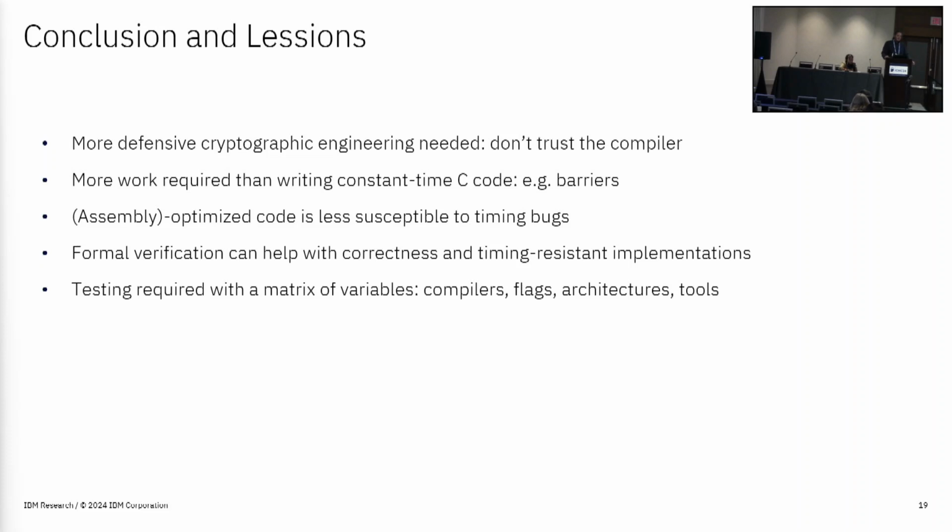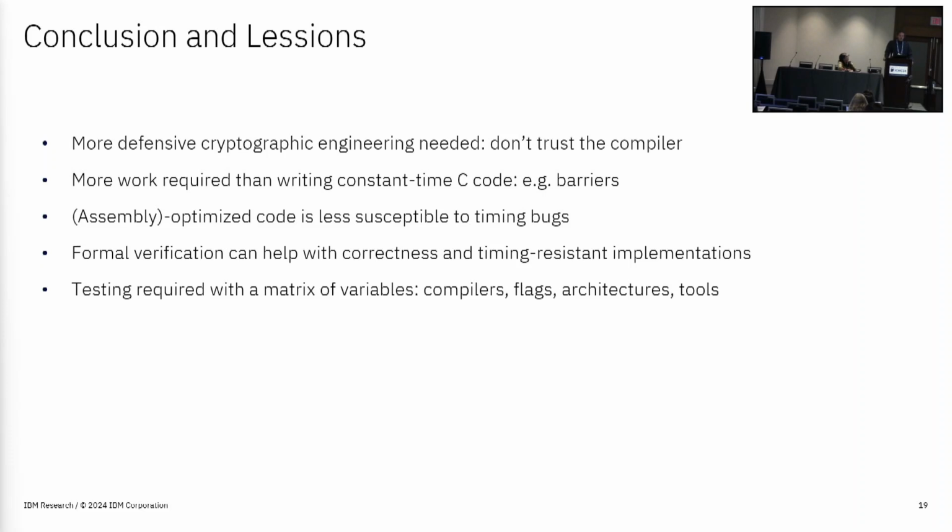Also, usually assembly code is a bit less susceptible to timing bugs, just because there isn't a compiler in the way that could optimize things away. But writing assembly code is difficult, not as straightforward, and not as portable.